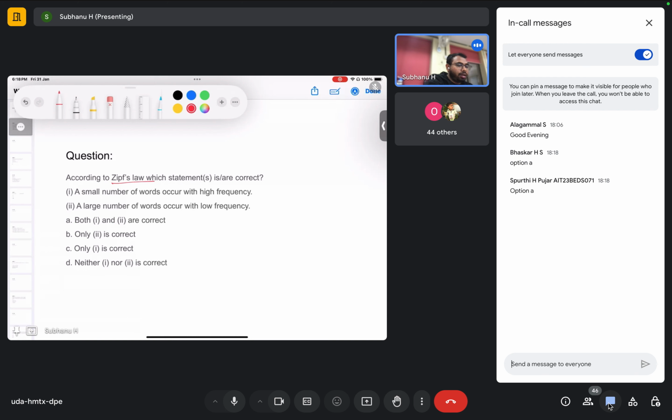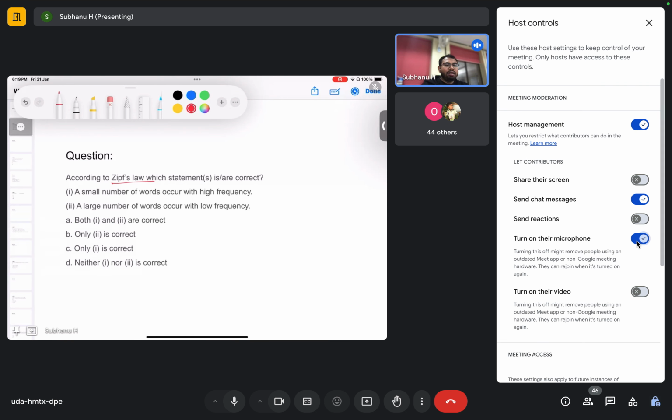There are 40-45 people joining the board. Thanks Shruti for giving your response. Can anyone remind me about Zipf's law?